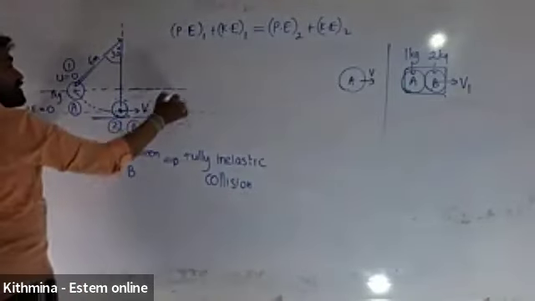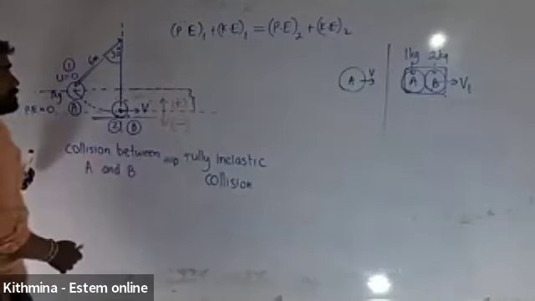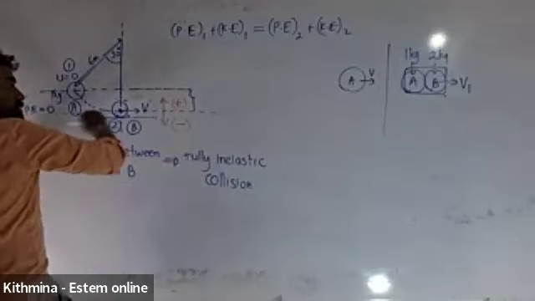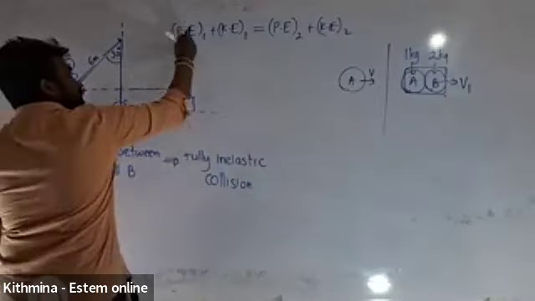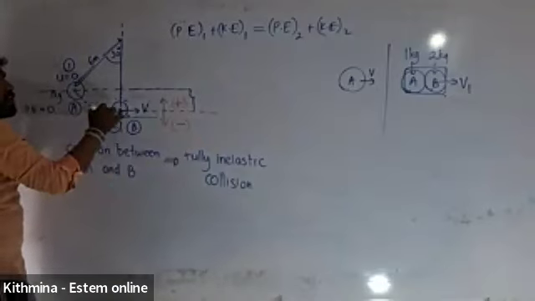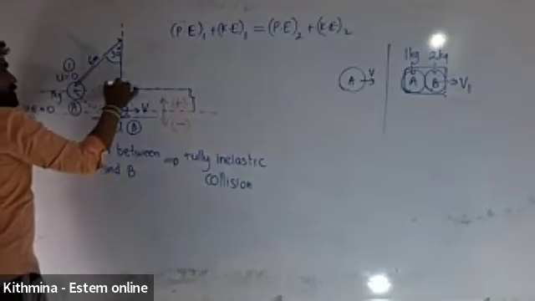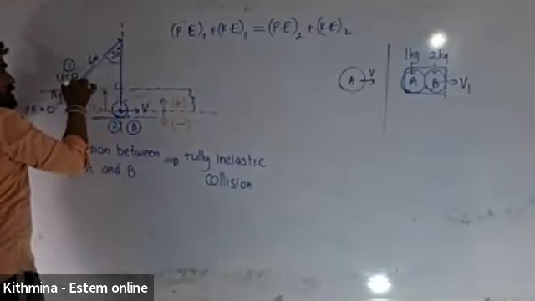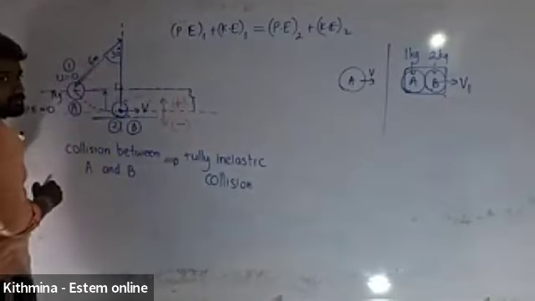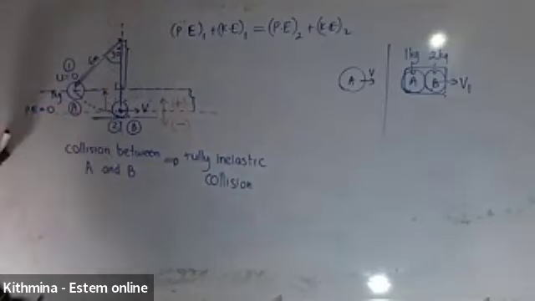Then we should find this height. This is the zero potential level. We should write the potential energy of this in this place, so we have to find this height. Please see that this is a right angle triangle. Then we can easily find this height.